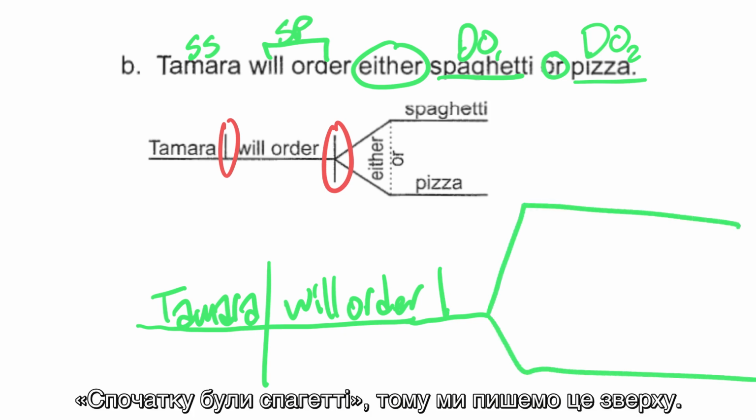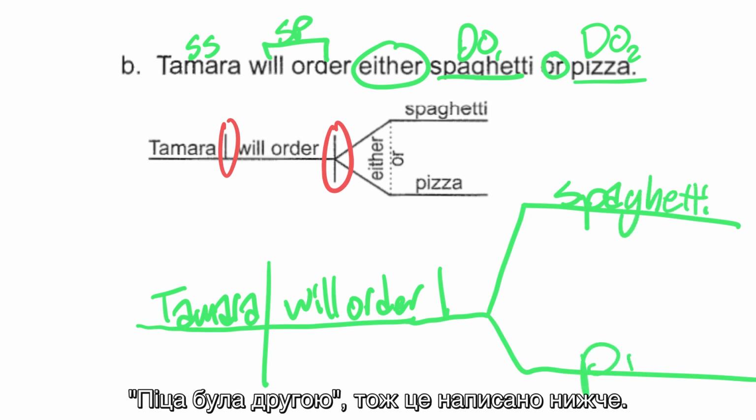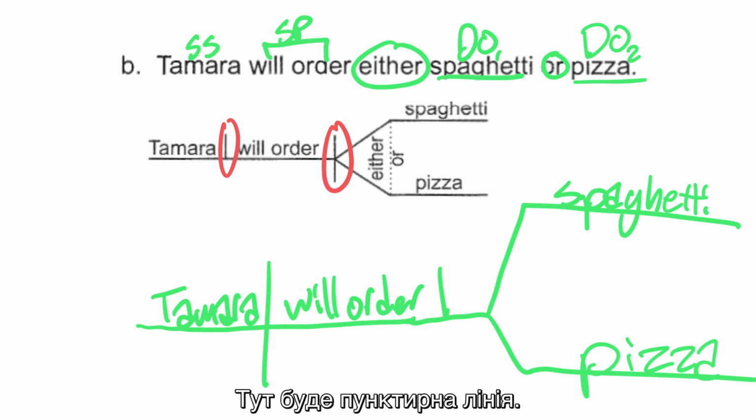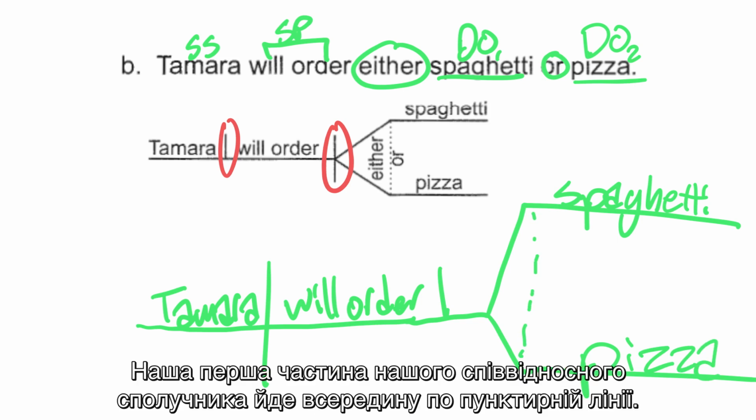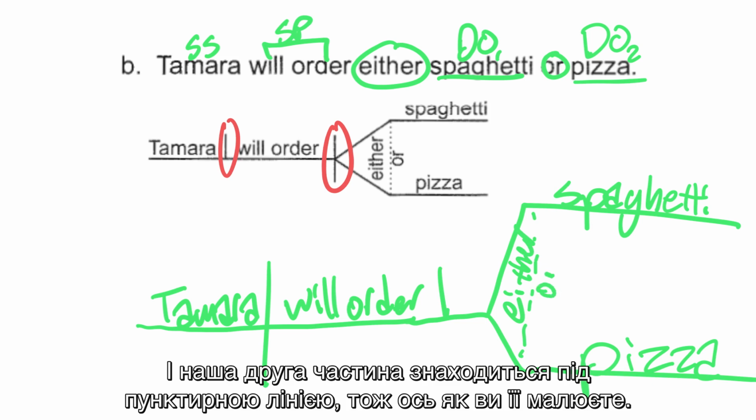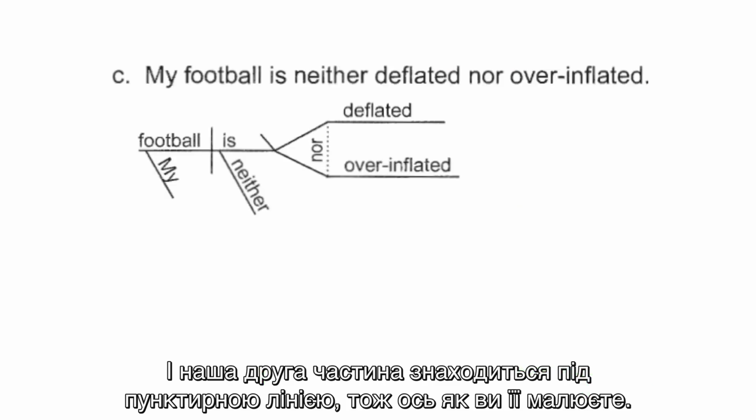Spaghetti came first, so we write that on top. Pizza came second, so that goes down below. We'll have our dotted line here. Our first part of our correlative conjunction goes inside on the dotted line, and our second part goes below the dotted line, so that's how you diagram that one.